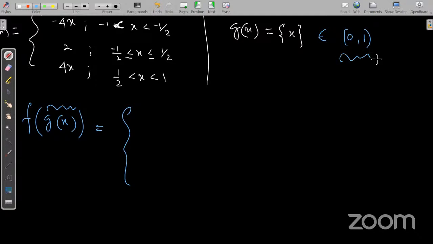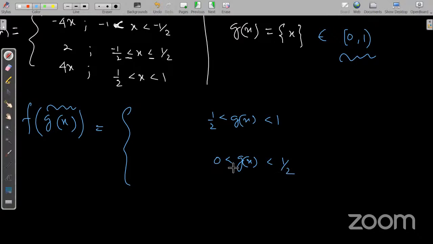If we break this interval using the critical point 1 by 2, it gives you g of x lying between 1 by 2 to 1, and g of x lying between 0 to 1 by 2.